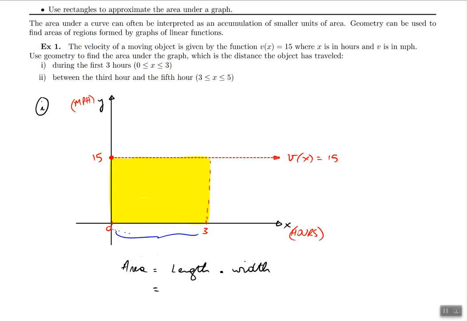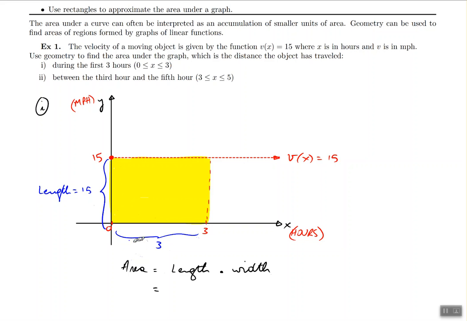It goes from 0 to 3, so the distance between the two numbers is 3. On this side, the distance is from 0 to 15, that's 15. So the length is the longer one, 15, and the width is 3.